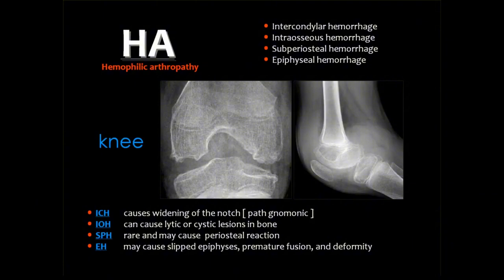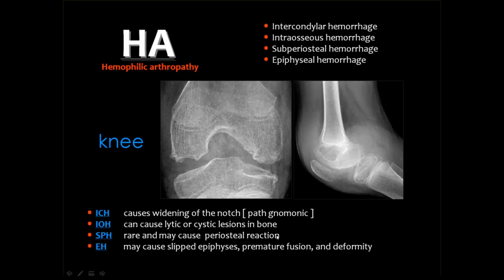Then we have four sites for bleeding: intercondylar, intraosseous, supraosteal, and epiphyseal. Intercondylar will lead to widening of the notch, which is considered one of the pathognomonic signs of hemophilia. Then intraosseous hemorrhage will lead to an osteolytic lesion, which is known as hemophilic pseudotumor.